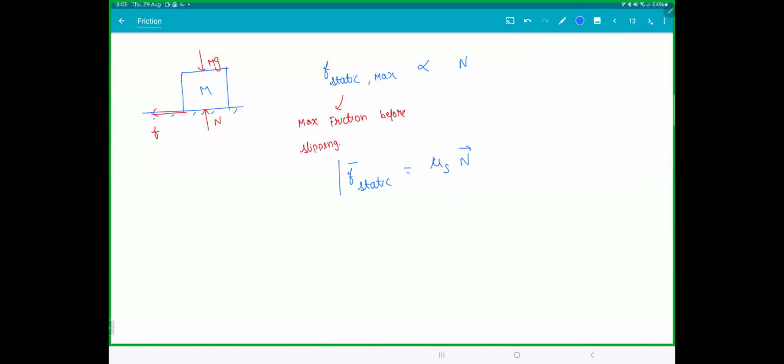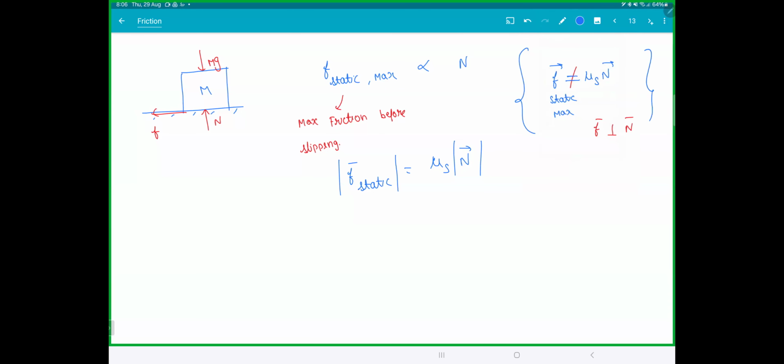So in the exam, they'll ask you like this: F bar is equal to mu S N bar. That is how you're comparing vectors. Be careful. Directions are not the same. That is wrong. You can compare only magnitudes. F bar is perpendicular to N bar. Friction is tangential, N is this.